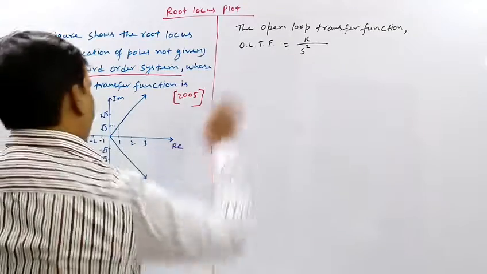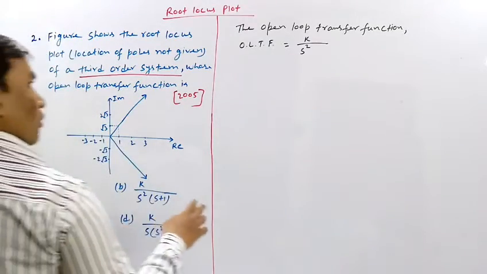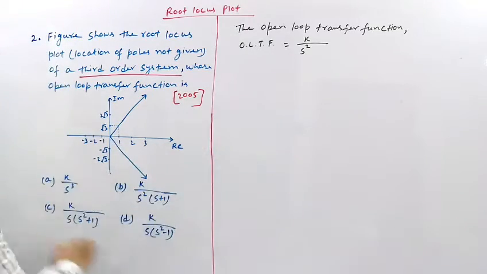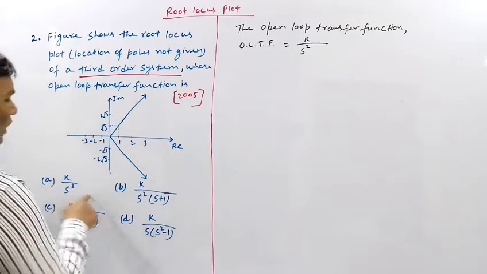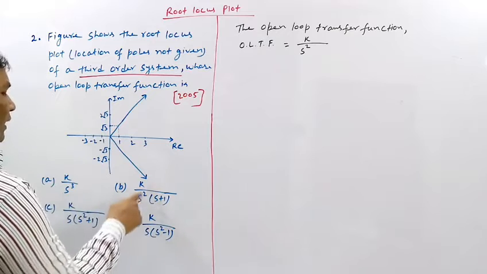Let us see which of these alternatives contain k divided by s square. So these two alternatives contain k divided by s square.